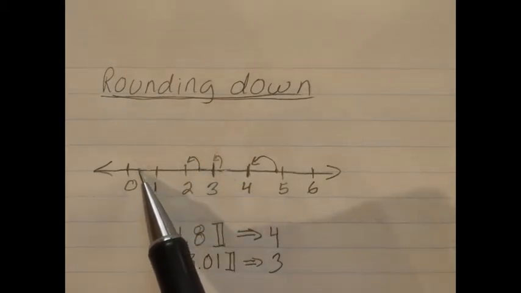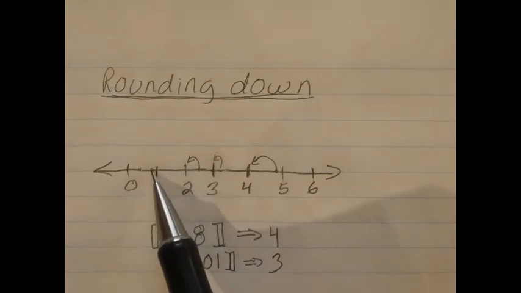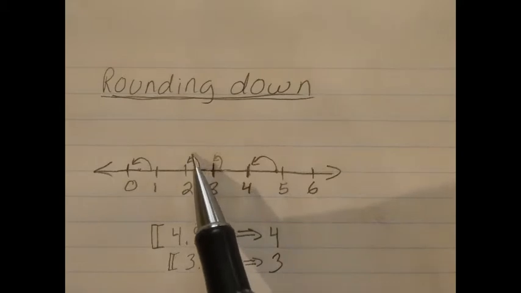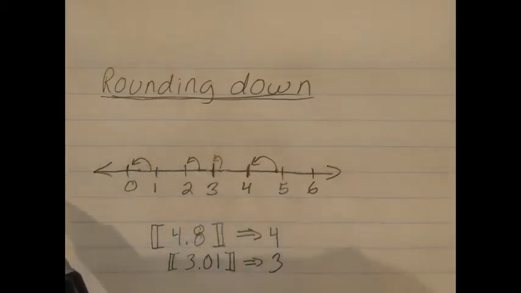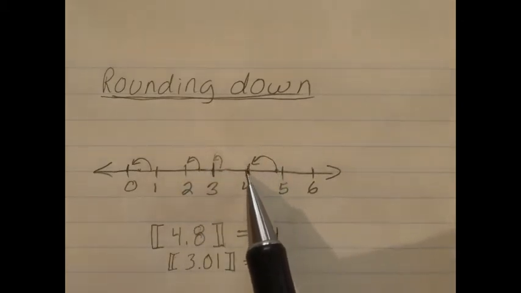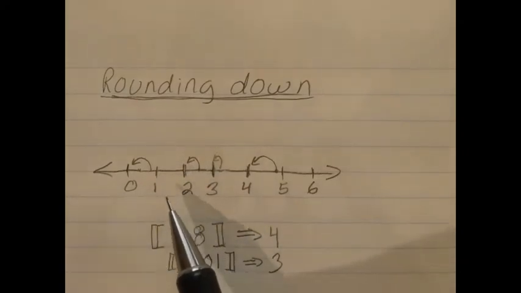If you've got a 0.5, you don't round up. I don't care if you have a 0.99, you always round down. So this is the pattern. It's always going in the downward direction, almost as if you're going towards negative infinity. So you just keep on rounding to the next counting number, or the nearest what we call integer.